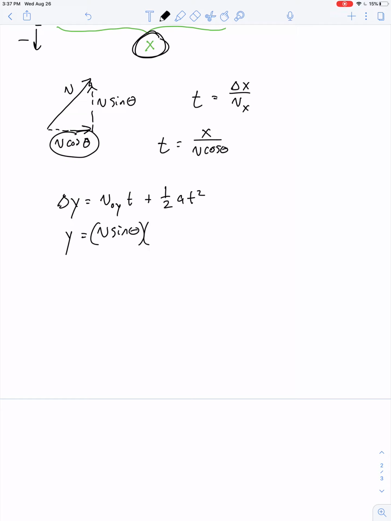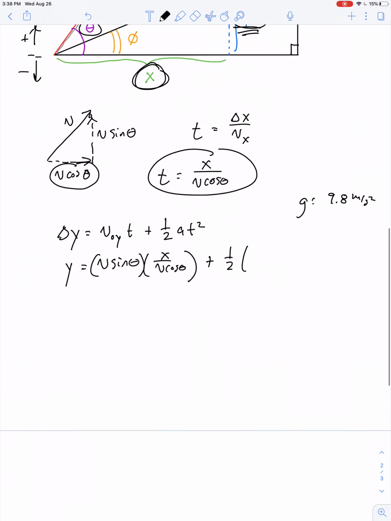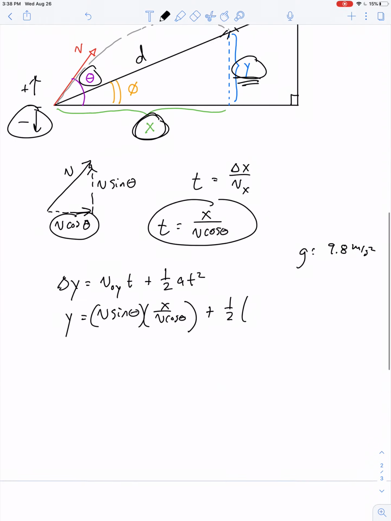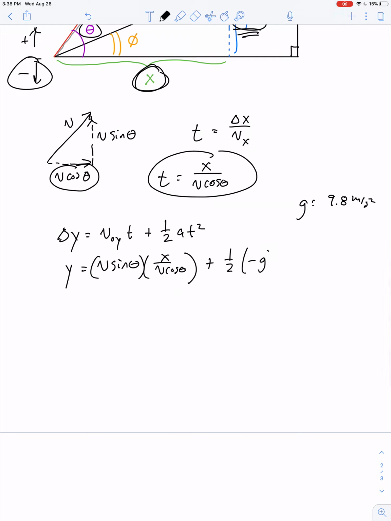And then we just found that time is x over v cosine theta. And we need to add to that 1/2 times, so if g just represents a magnitude of 9.8 meters per second squared, but the acceleration is downward, then I better call this negative g. And then we've got time squared, so x divided by v cosine theta quantity squared.